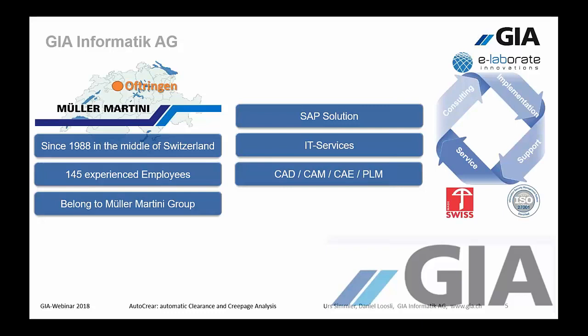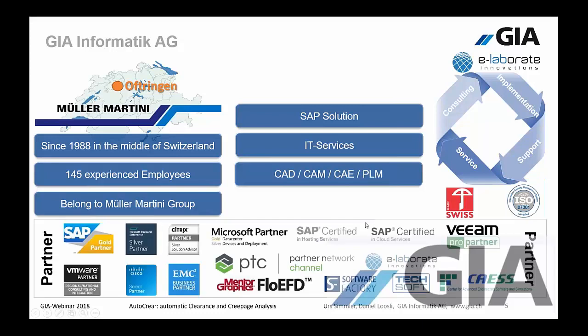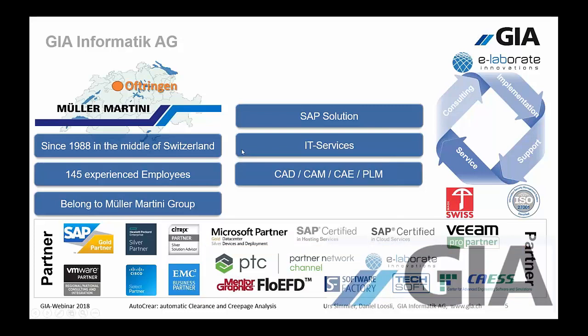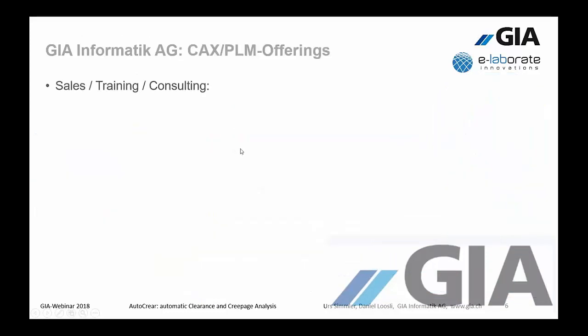GIA Informatik is also ISO certified. You can see that here. And we are working with quite a lot of partners. In the CAD business, we are working with those partners here. The main partner is PTC, and besides that main partner, we have some other ones I will talk about right now.